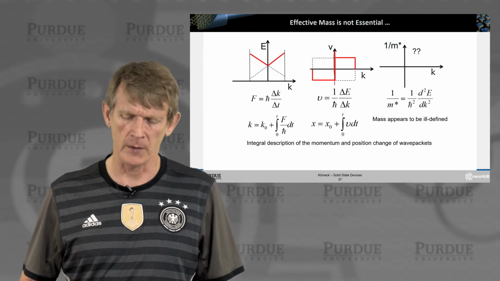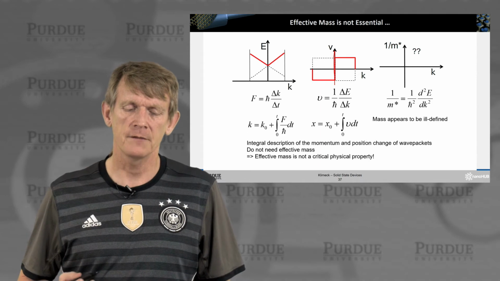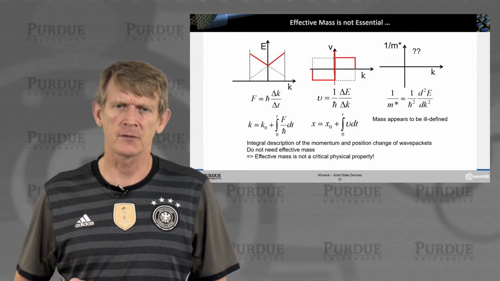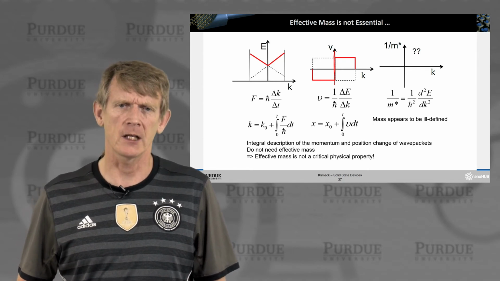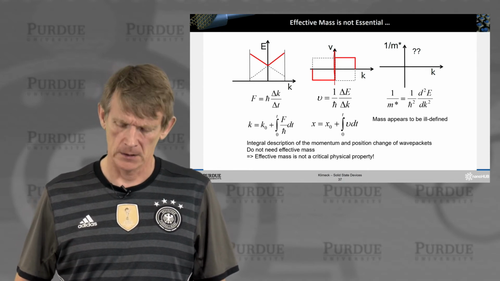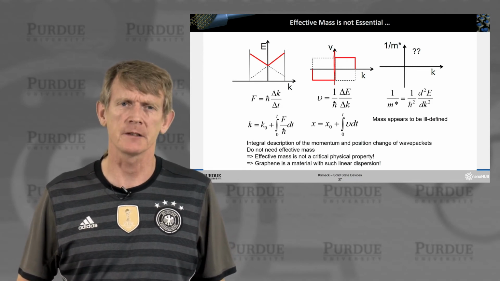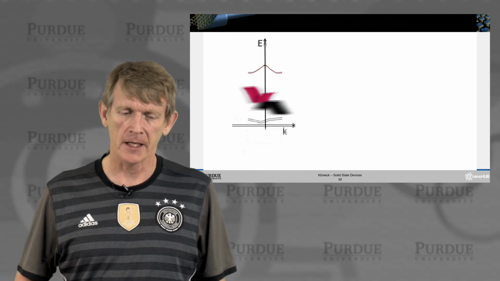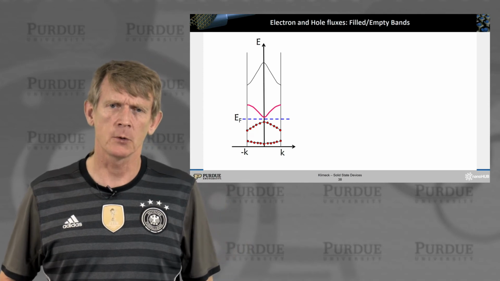It's just the effective mass doesn't make a whole lot of sense to use. So effective mass is actually not a critical physical property, but for many semiconductors, it helps us understand the behavior of electron flow and hole flow. As I mentioned, graphene is an example where the effective mass is not really well defined. Okay, now let's look at electrons and holes a little bit more carefully.